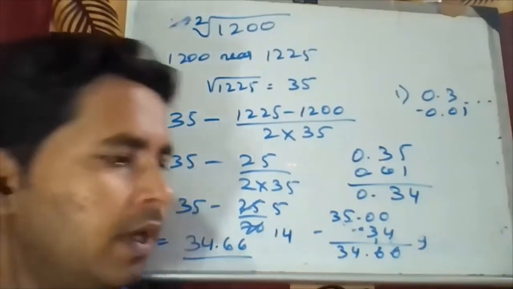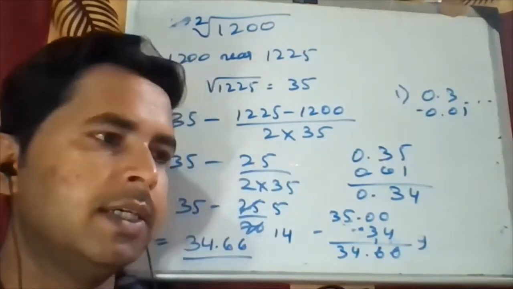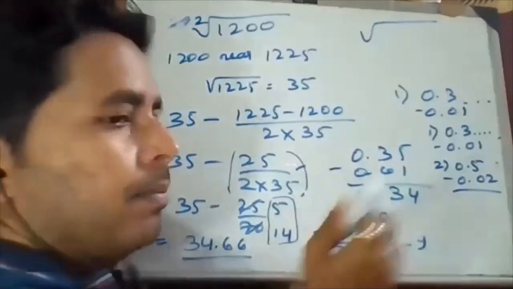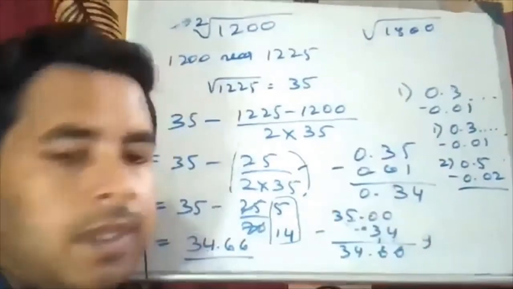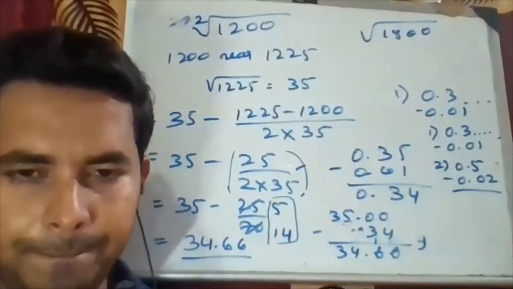Now I'll give one more example, a 4 digit one. You people try. Take this as an example: 1800. Just give me the value of the square root of 1800 in the same way.